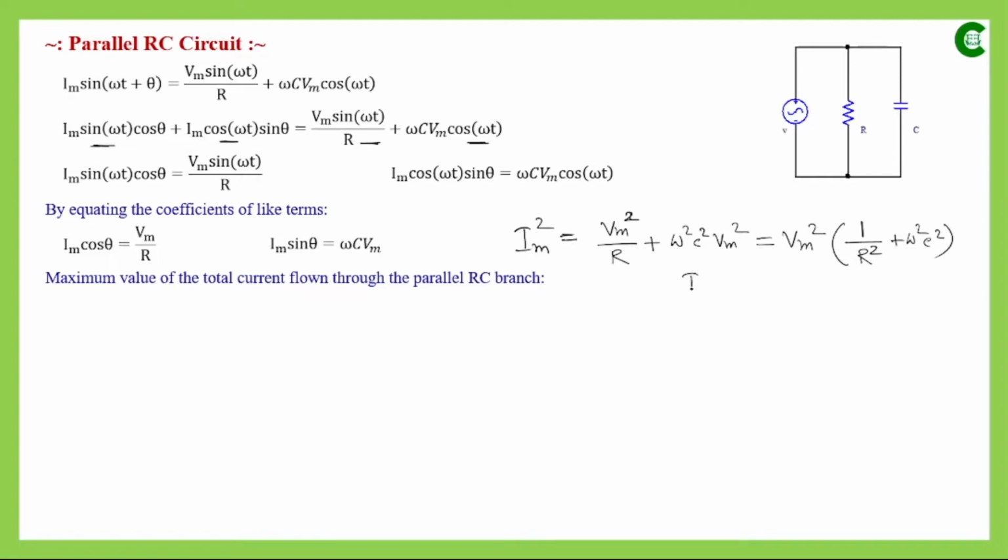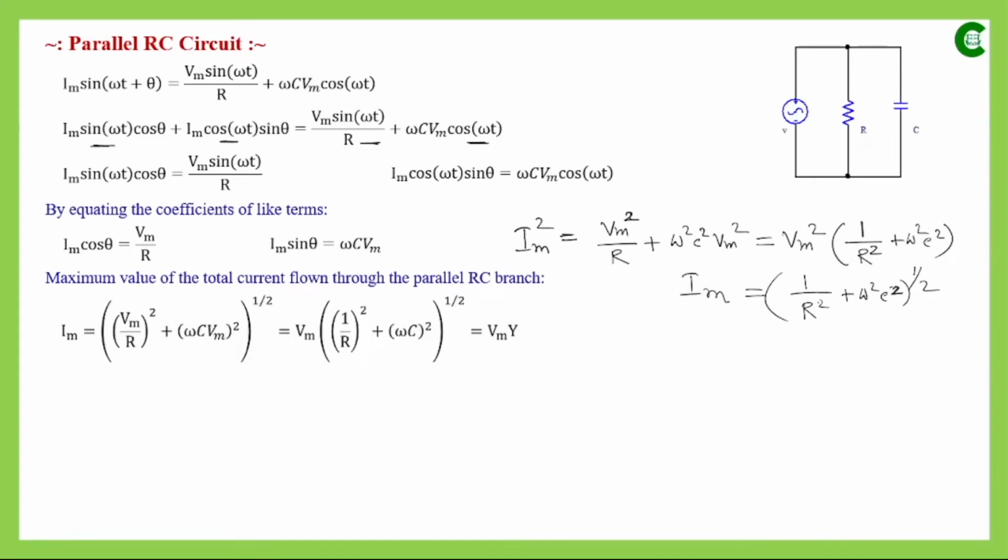So if we want the value of the maximum current, it is Vm times the square root of 1 by R square plus omega square c square.